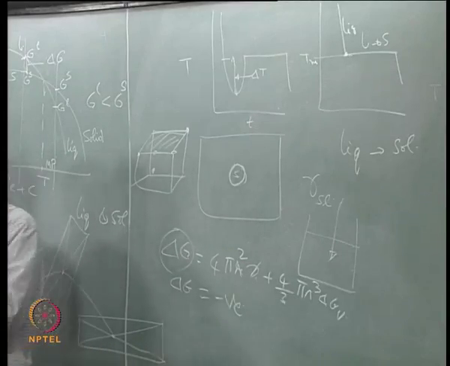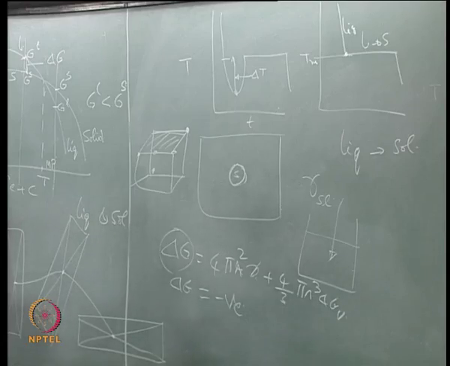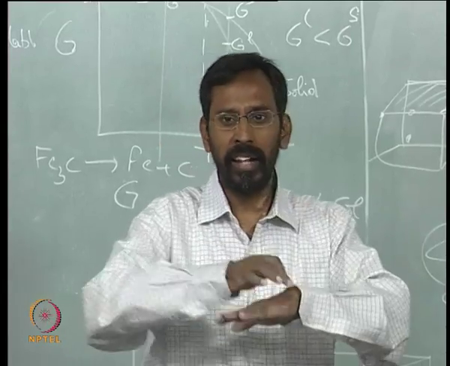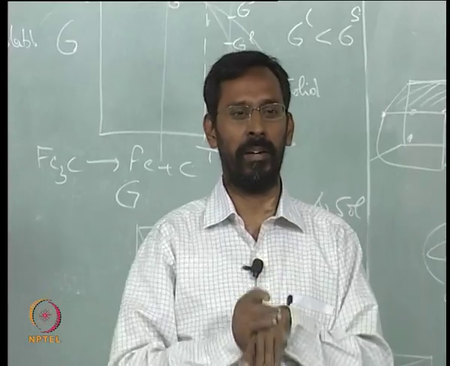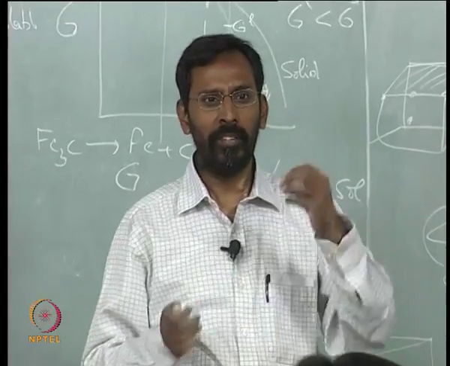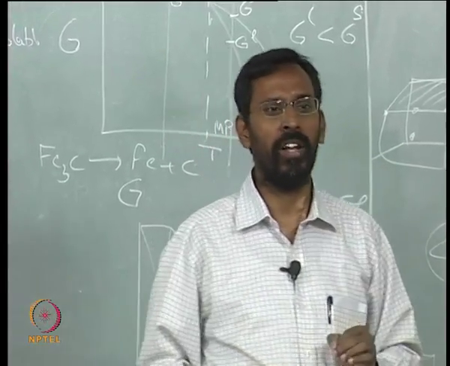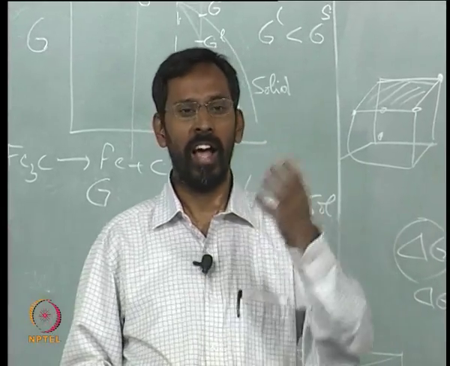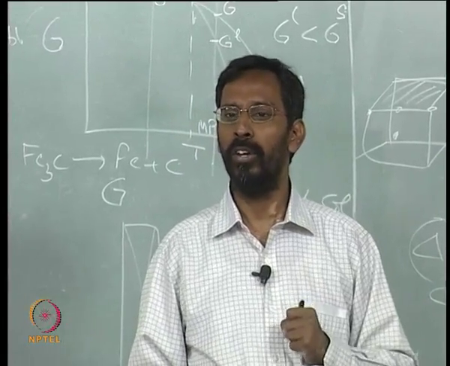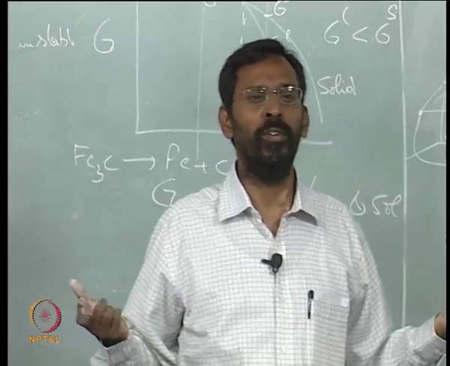Whenever the structure is similar, you must have heard of what is called epitaxy. Anything can grow very easily if the structure is similar. So if I add particles which have the same or similar crystal structure as the solid that is coming out, it would easily nucleate.